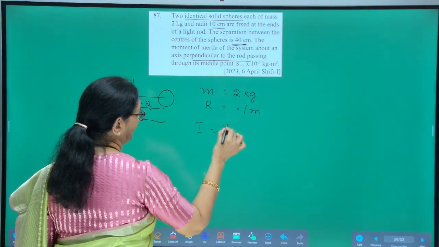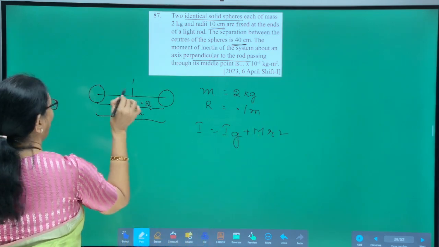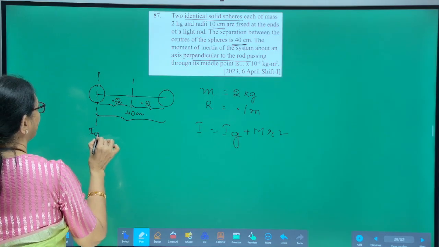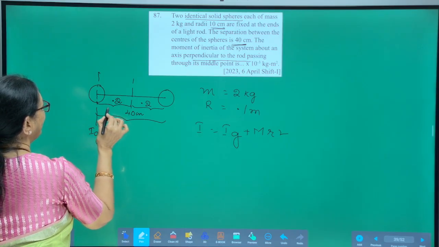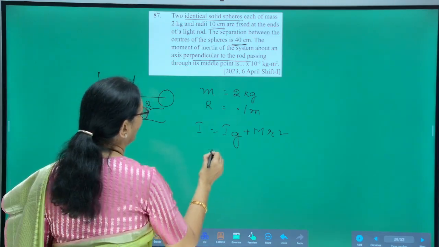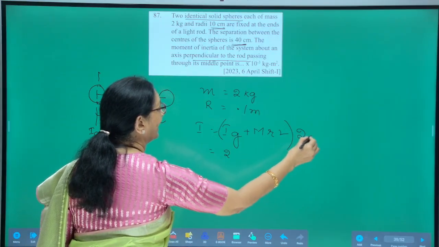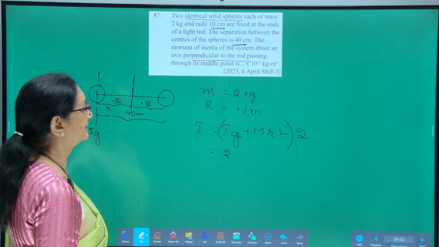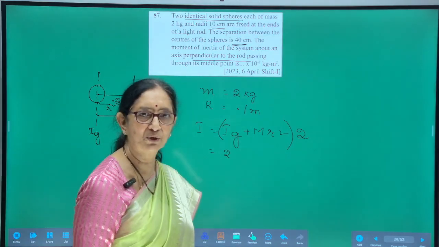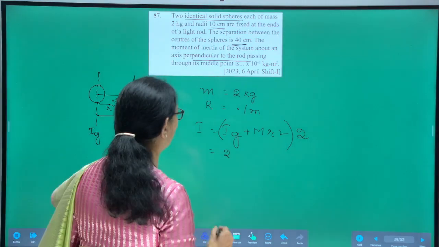Ig is the moment of inertia of this sphere about an axis passing through the center of mass. Because the two spheres are identical and their distances from the axis are also equal, we just multiply by 2, which gives the net moment of inertia of the system about the given axis.